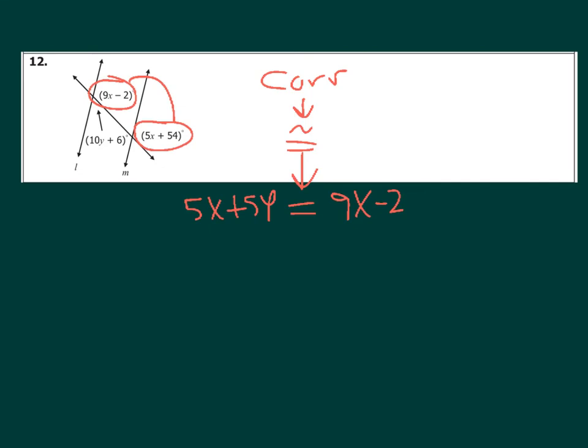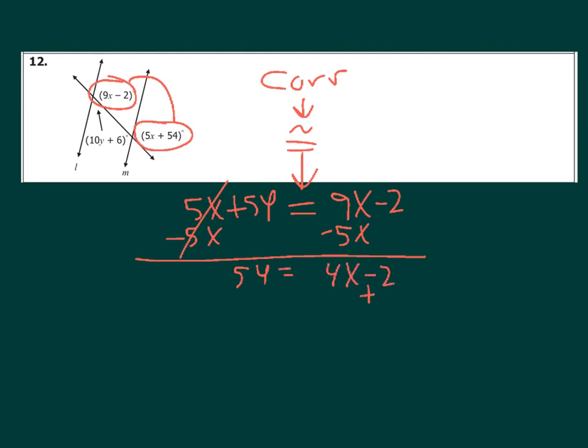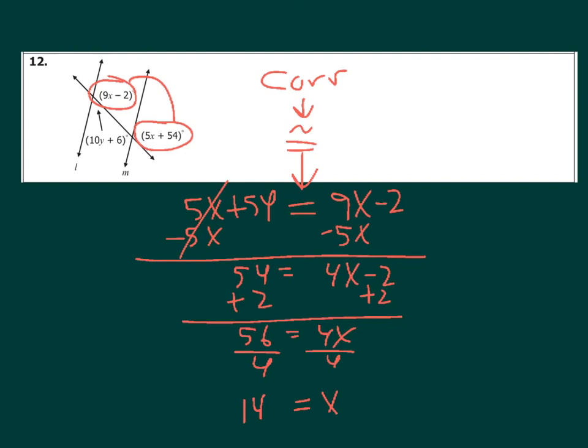Now again, we have some options here, so I think I would like to subtract the 5x from both sides to keep that coefficient of x positive. That leaves me with 54 equals 4x minus 2. Add the 2 to both sides, and I'm going to get 56 equals 4x, divide by 4, and it looks like we should get an x value of 14.